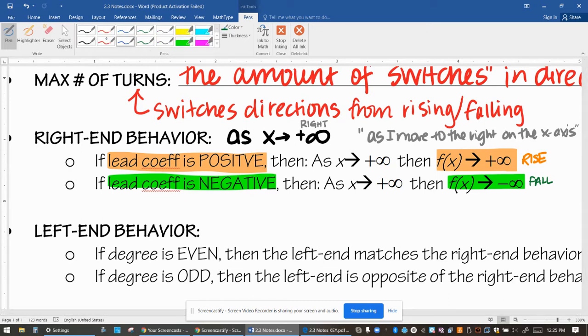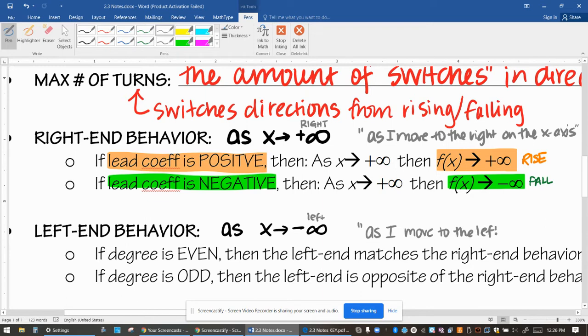How is right end behavior different than left end behavior? Well, now you're reading the graph from right to left because you're looking to the left on the x-axis. So you're going to say, what's happening to the function as I move to the left on the x-axis?